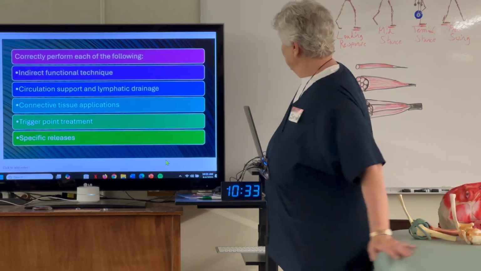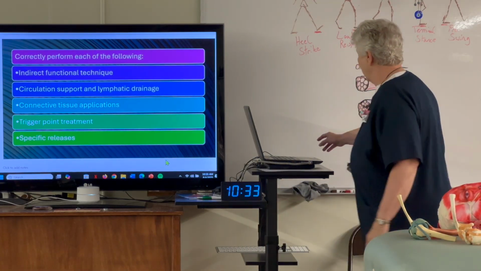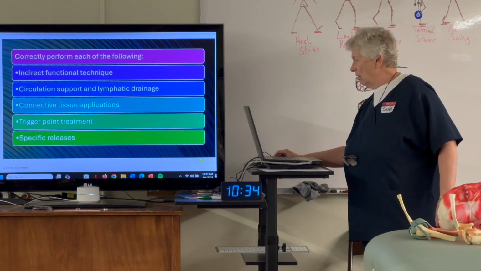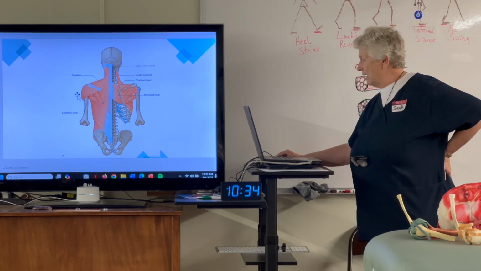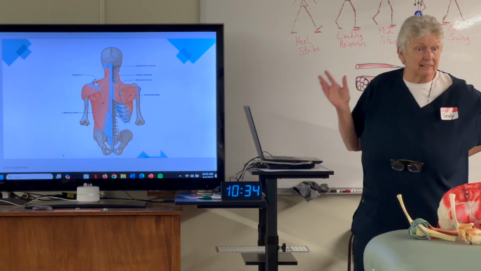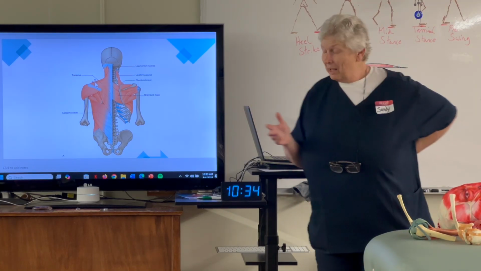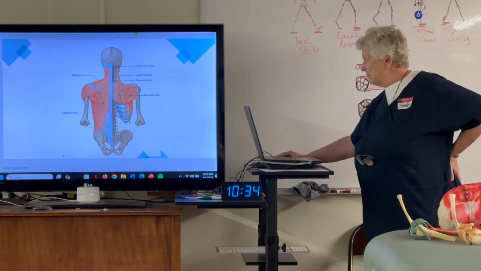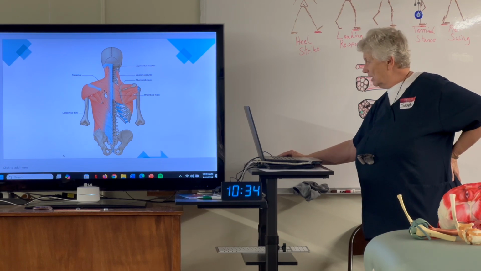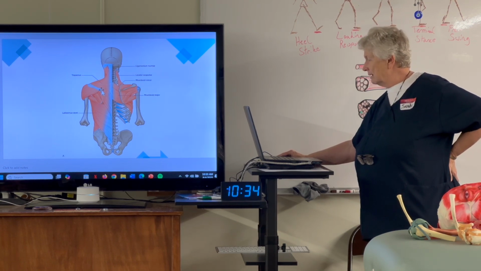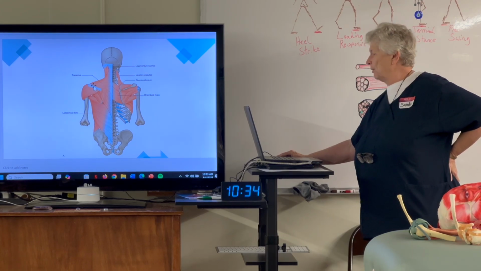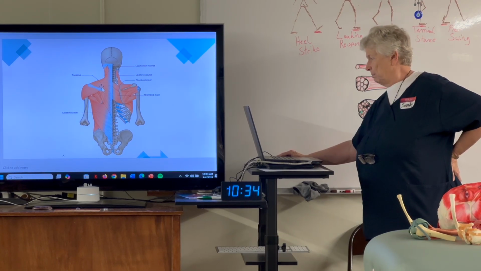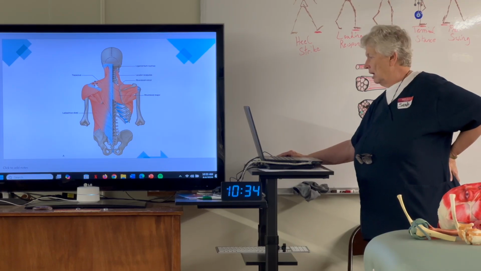Do you remember when we were back here and I pointed out all the different layers? I always have to massage through the skin. So if I'm massaging through the skin here in the upper trapezius, and then I go a little deeper, I get into the trapezius here.